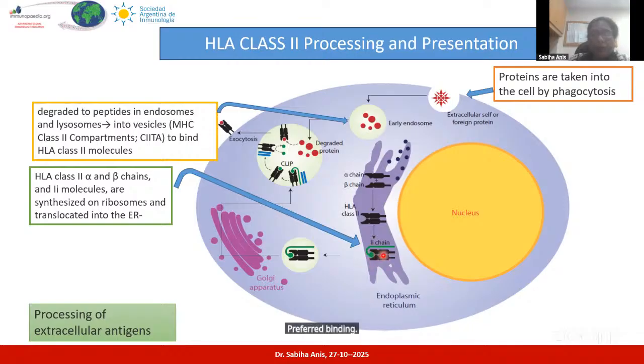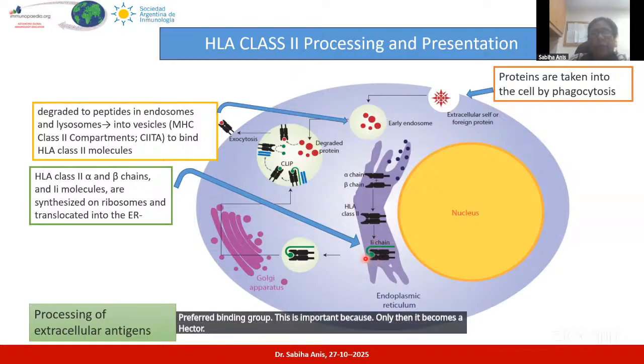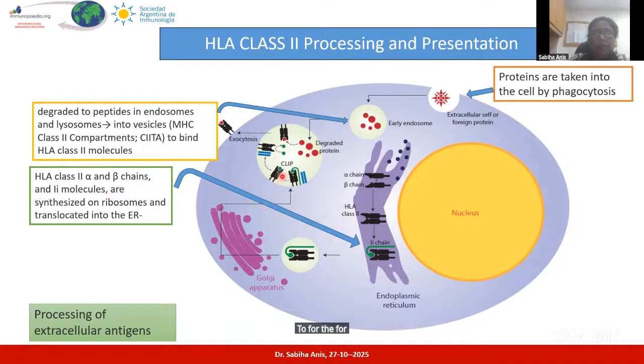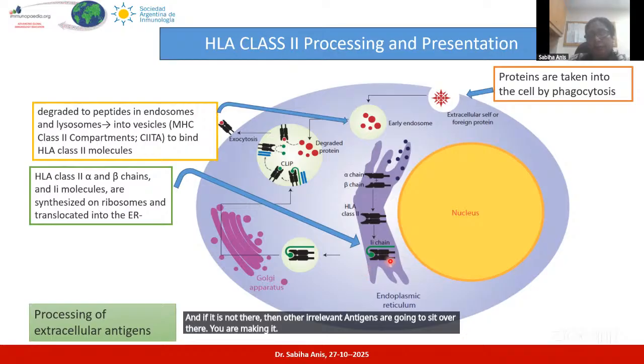This is important because only then does it become a heterotrimeric molecule stable enough to move out for the rest of the processing. If it is not there, other irrelevant antigens will sit there, making it useless.